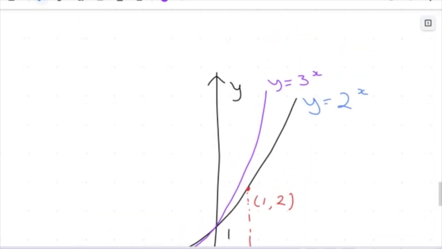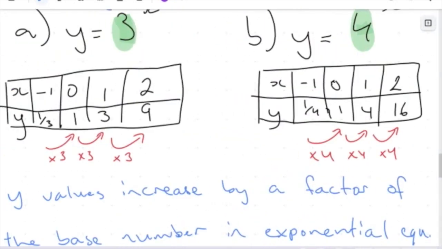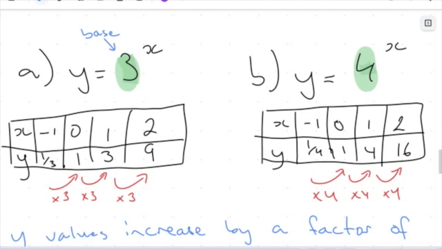I know it's going to be steeper because my y, in comparison, is tripling, so it's going to grow a lot quicker. At x equals 2, y is 9, whereas at x equals 2 in my y equals 2 to the power of x, that was going to be 4. So it's already increasing a lot quicker.